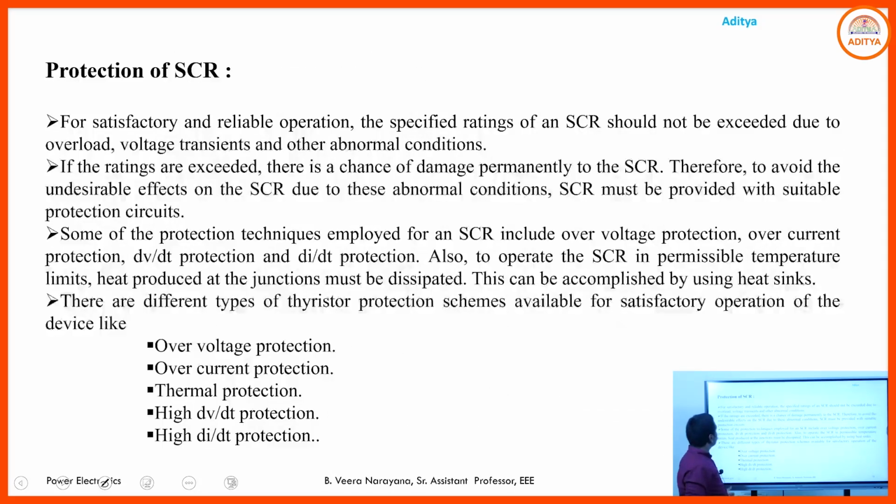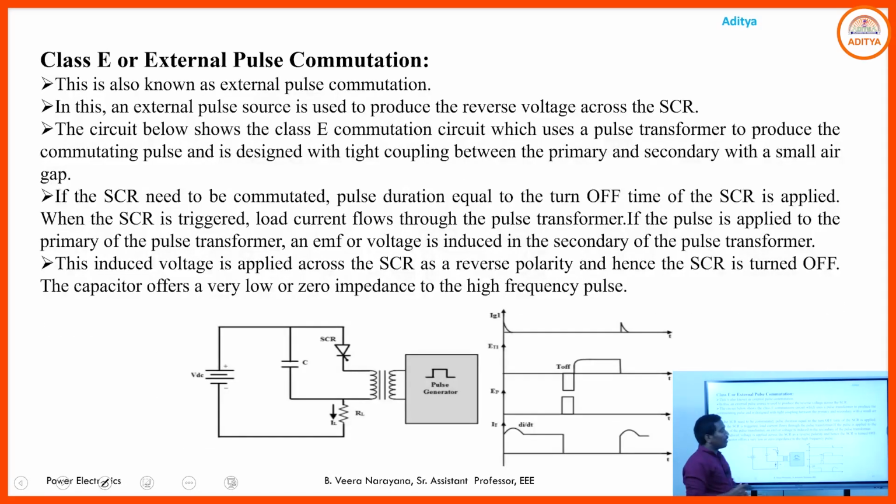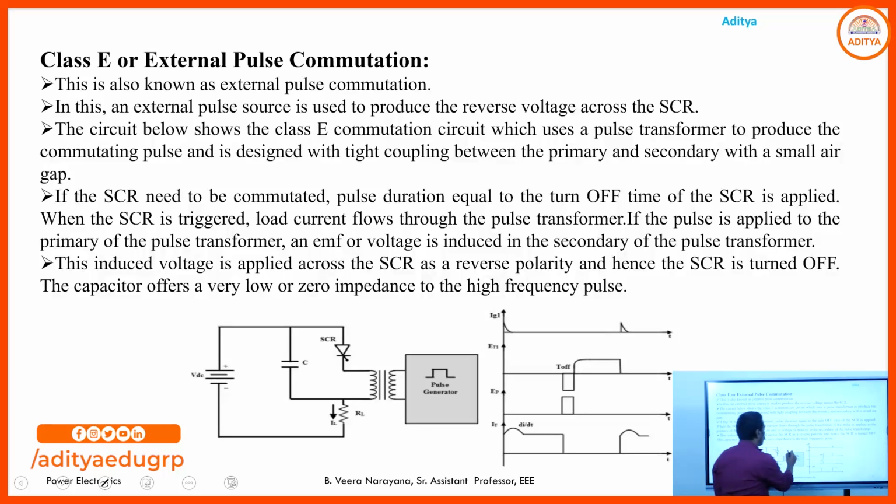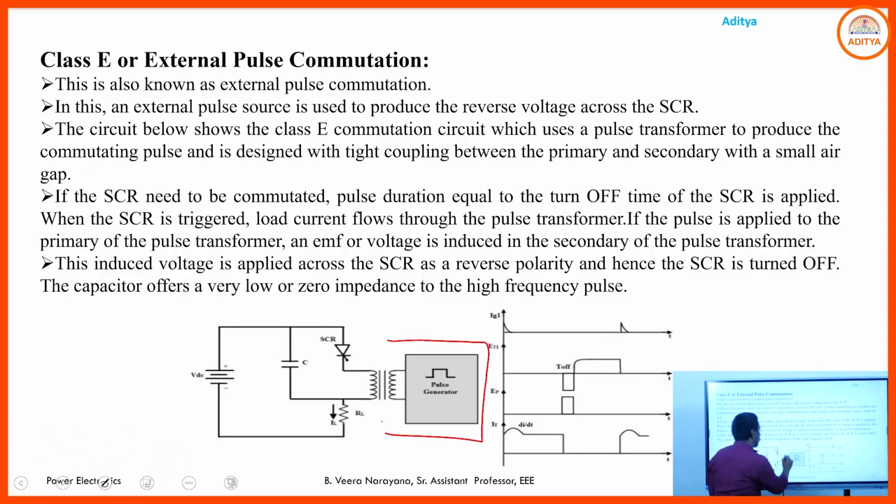And last one, class E or external pulse commutation, the last classification of the forced commutation technique. In this external pulse commutation, we use some pulse generator which is used to provide the voltage across gate and cathode terminals of the SCR to commutate this main SCR.